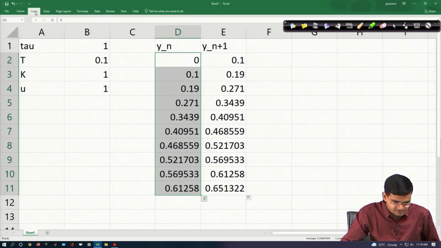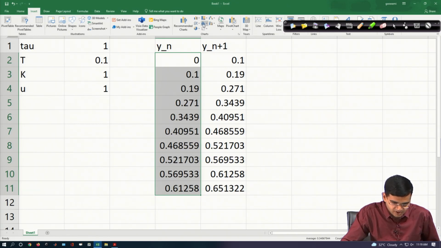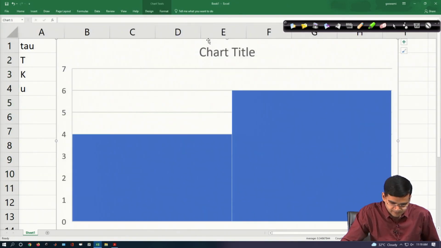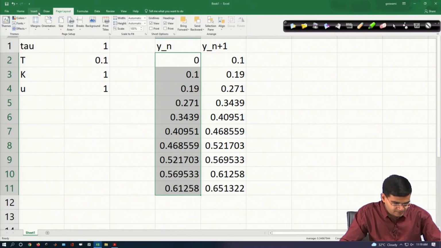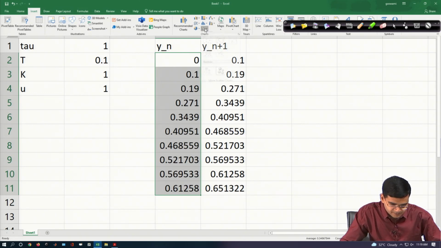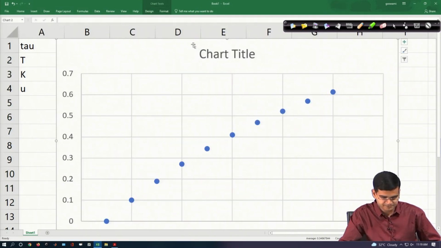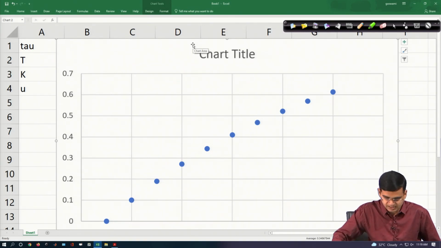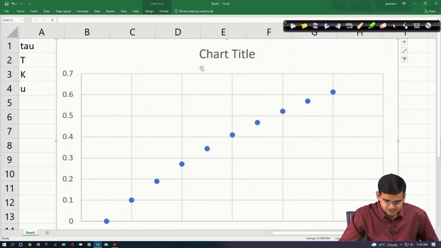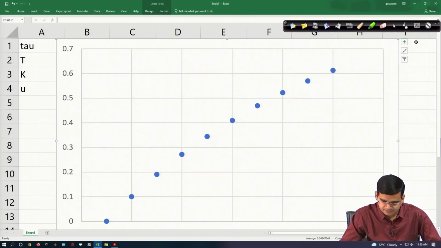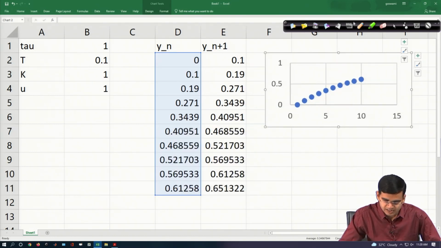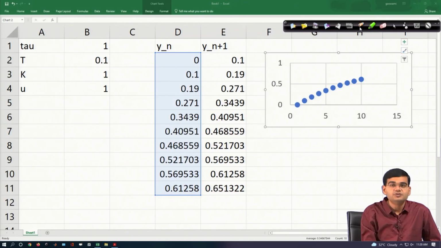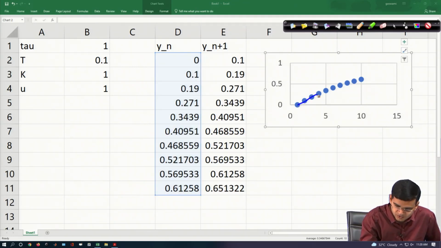I will insert a plot, and let me insert a scatter plot. Okay. And what do you see here? Let me make one more change. What you see here is that you start with 0, 0 and you move here.